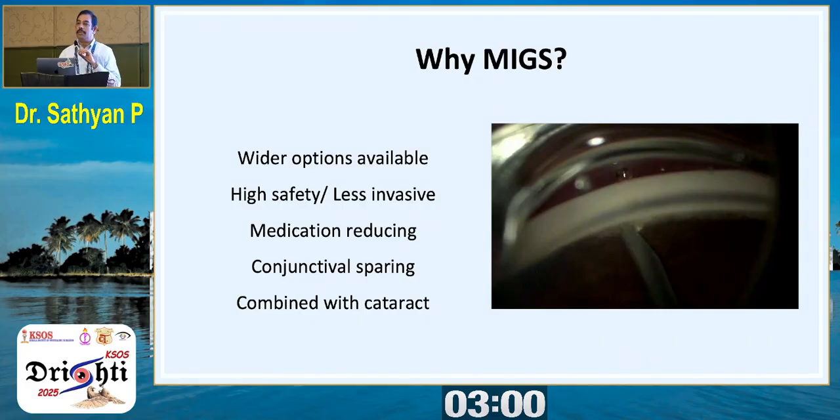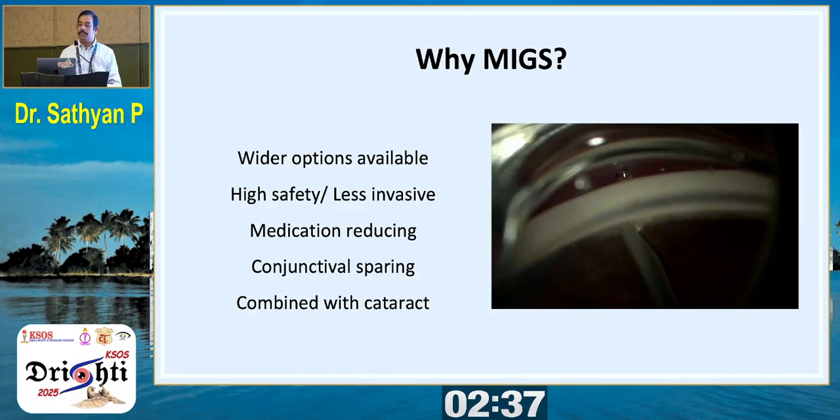Then we have the secondary option as MIGS, because it is catching up much faster than what we all have expected. If you look at Aravind, each center has, of course, different levels of MIGS procedures done. Tirunelveli has the highest, I think. Then comes Madurai, Coimbatore and other centers.